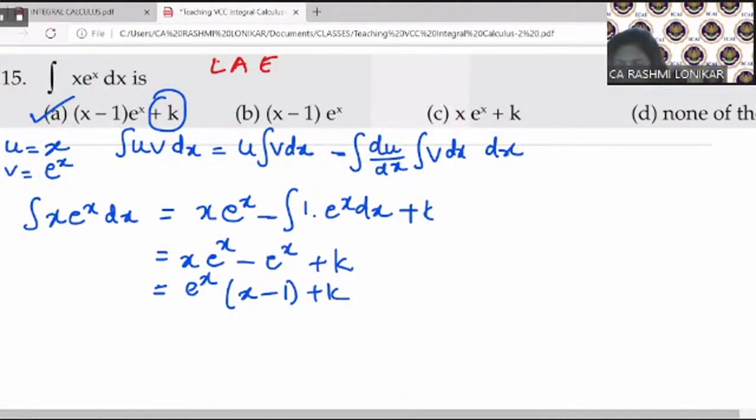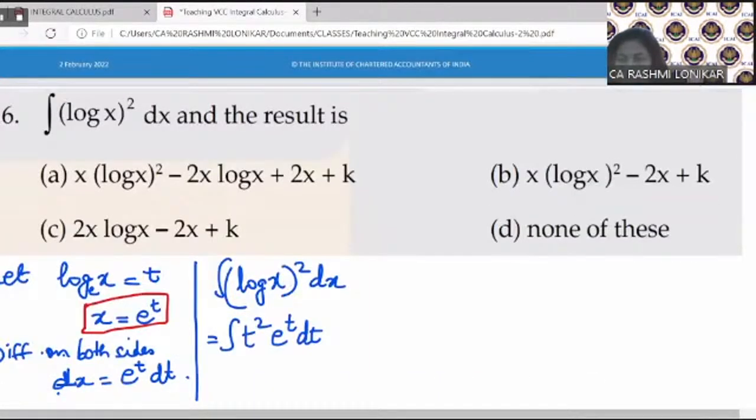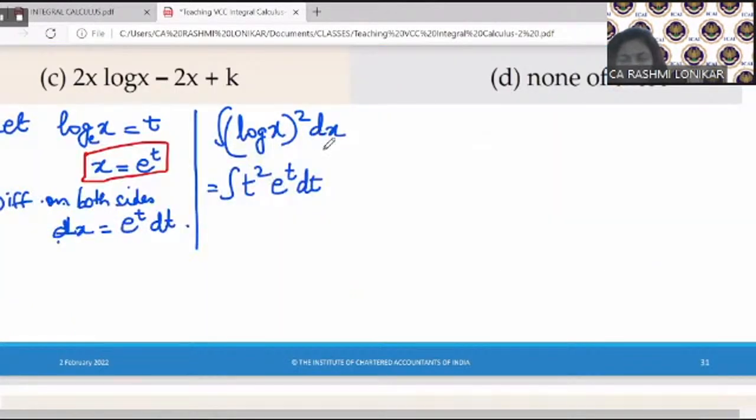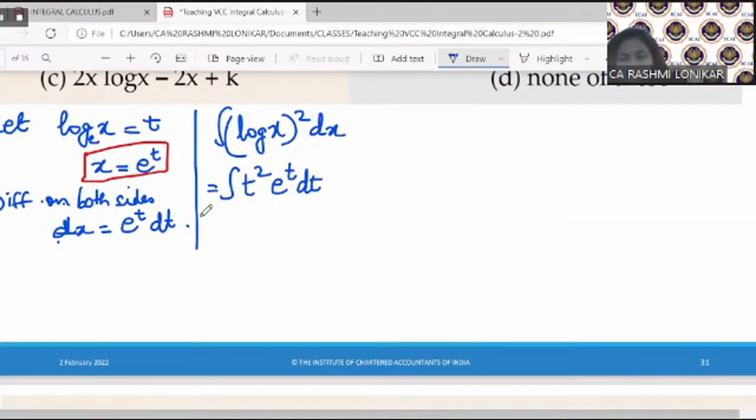Is that clear? Is it following the rule LAE, logarithmic, algebraic and exponential? Yes, t square is algebraic, e raised to t is exponential. So u will be t square and v will be e raised to t.